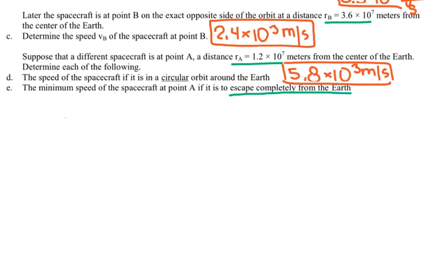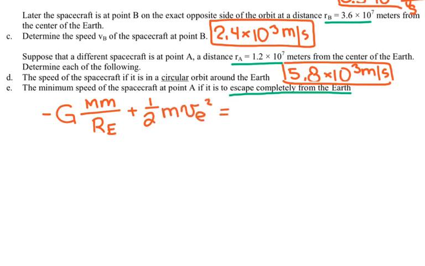So I'm going to say the potential energy, negative G M m over R, in this case on the surface of the Earth, mass of the Earth, mass of the spacecraft, plus the kinetic energy, which is 1/2 m, and this is going to be the escape velocity squared, equals 0.